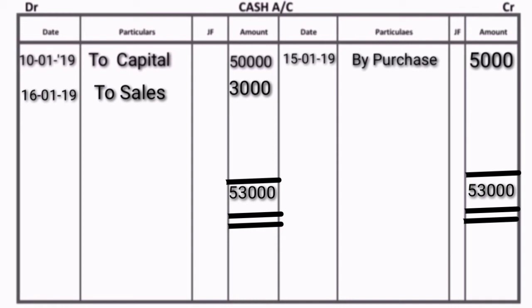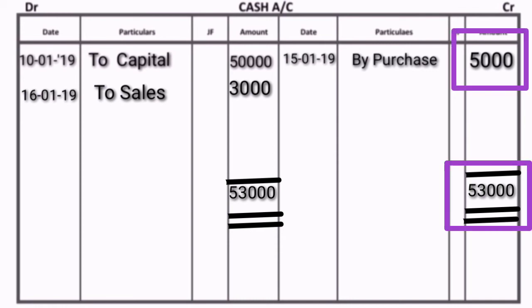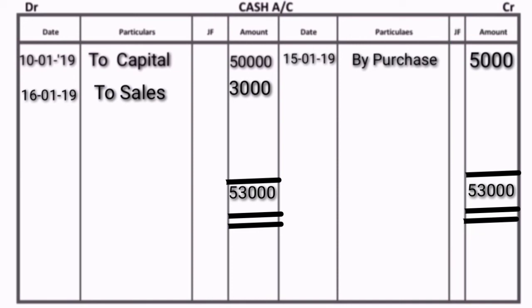So we can deduct this 5,000 from the total amount 53,000. So the difference amount is 48,000. This difference amount we can write on the credit side. Okay, this is the balance amount. So we will write here by balance carried down, and in the date column 31st January 2019.